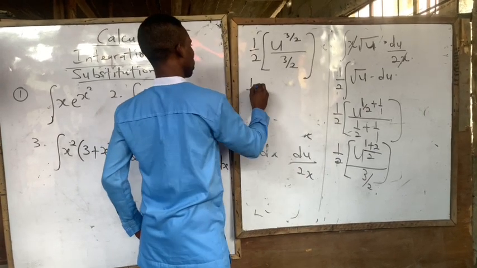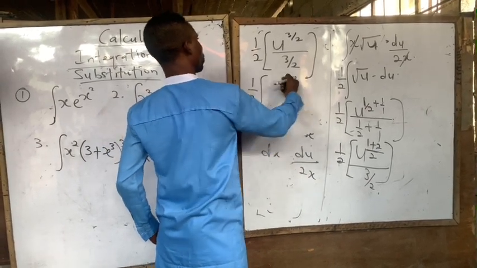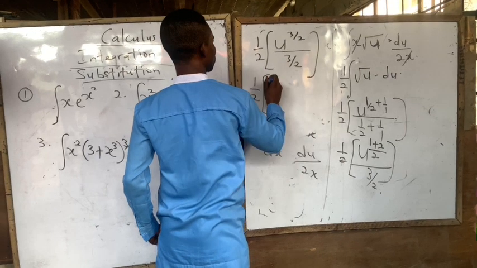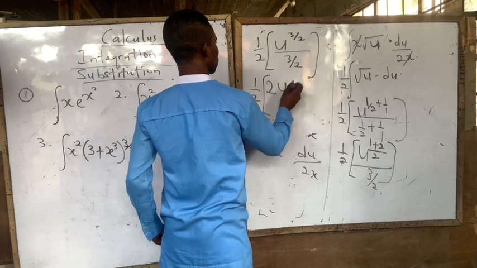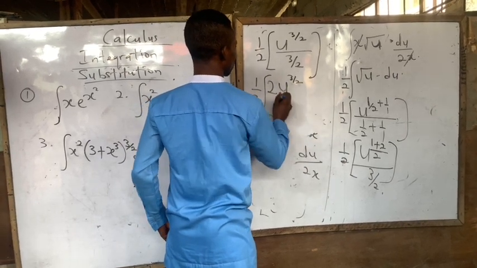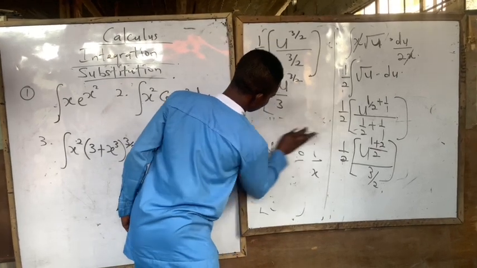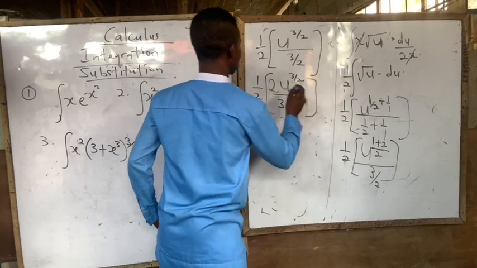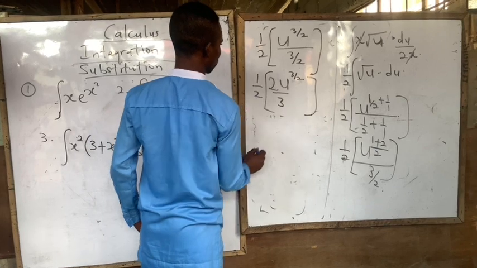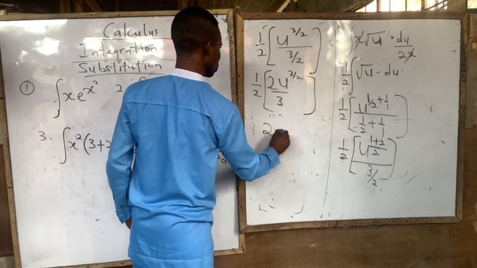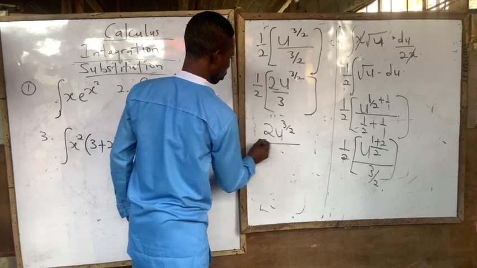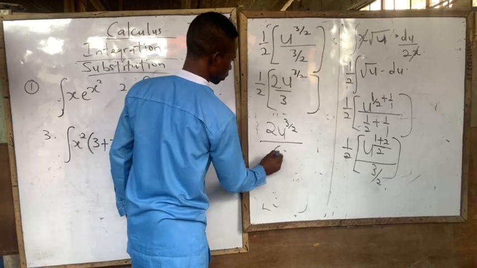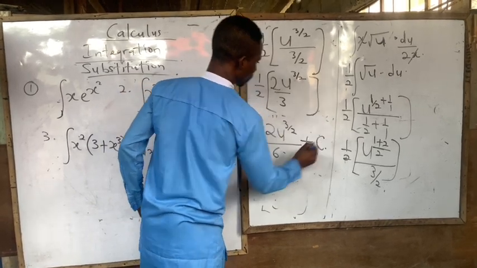So we have 1 all over 2, and we should have known what it will give us. That will be 2u to the power 3 all over 2, all over 3. And if you are having 1 times 2u, that is 2u power 3 all over 2 times 3, that is 6, plus c, arbitrary constant.